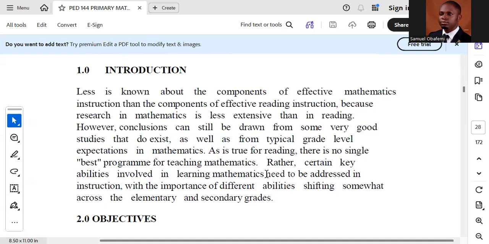Maybe they keep repeating after you until it sinks into them, and then eventually they know it in their head that 3 plus 5 is equals to 8.